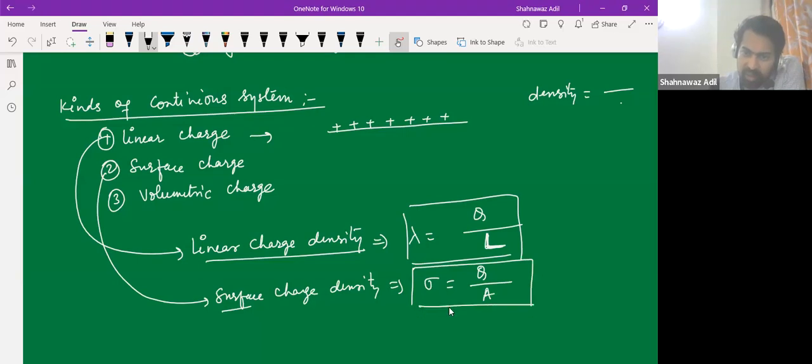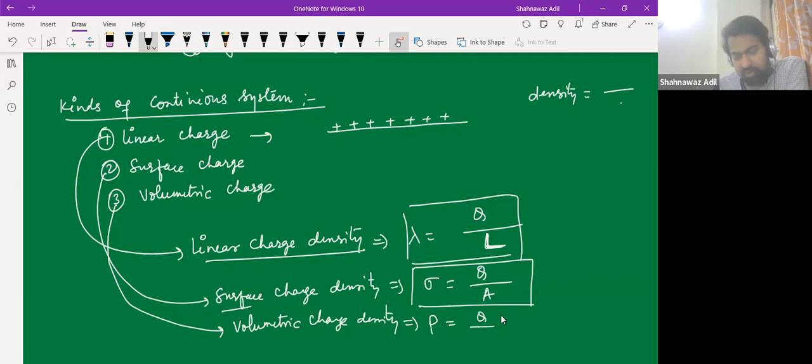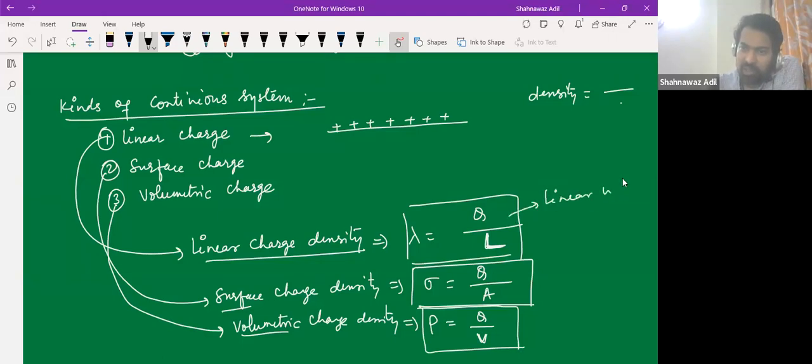And then we have volumetric charge, denoted by rho, and Q by what? Volume, right? These are different kinds of charge density. So for a linear wire, we'll talk about linear charge density.